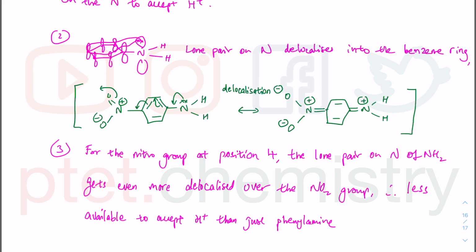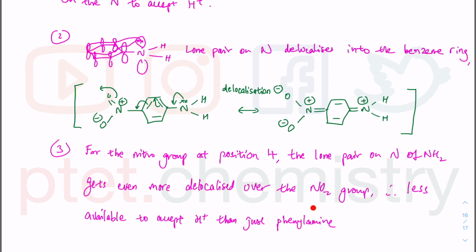Whereas previously, you could just delocalize the lone pair into the benzene ring, here you have the nitro group at position 4, very conveniently set up, where all of these are trigonal planar. This is not exactly trigonal planar, it's trigonal pyramidal, but to some extent, the lone pair can get delocalized over the benzene ring as well as the nitro group.